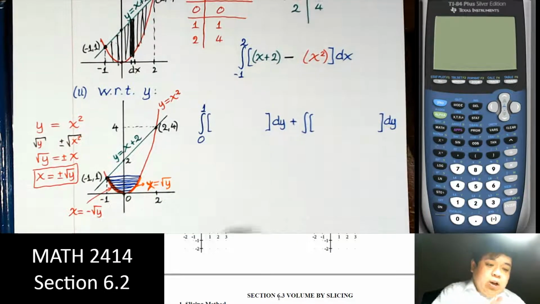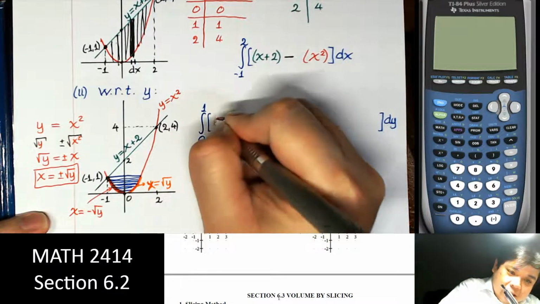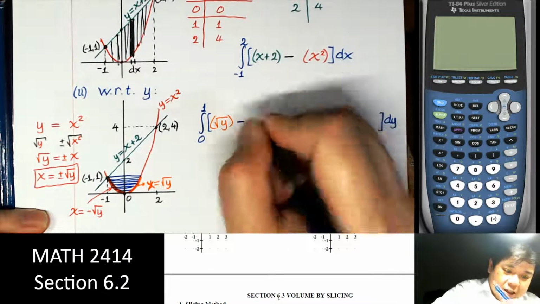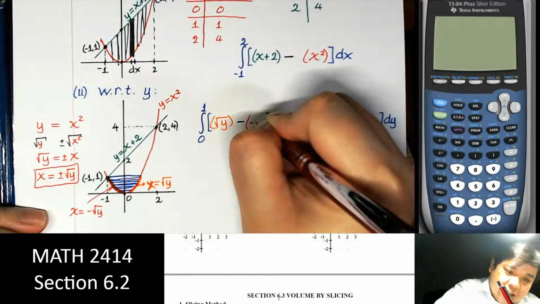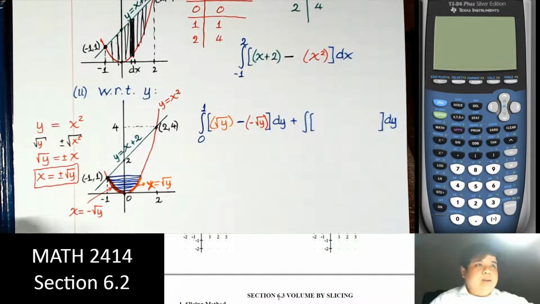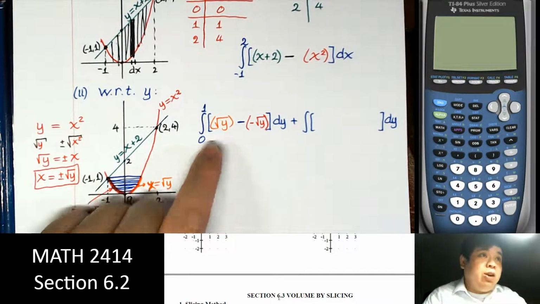So in here, the function on the right is square root of y, has to be a function of y, and subtract the function on the left, also a function of y, negative square root of y. So that's what we have for that integral.